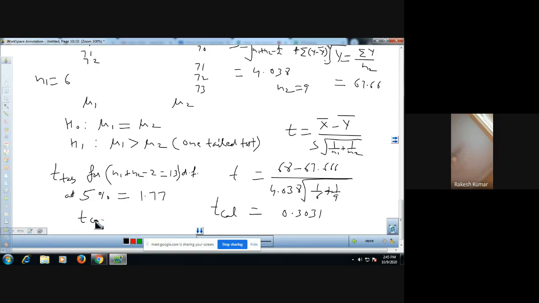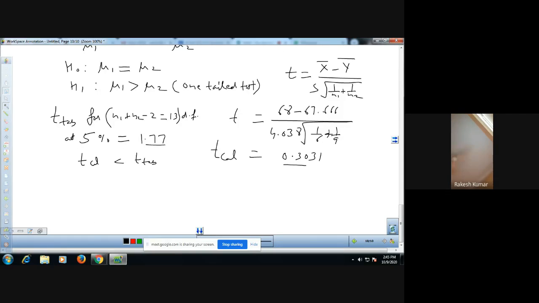Now, the T calculated value is clearly less than the T table value. If the calculated value is less than the table value, then the null hypothesis will always be accepted. And the null hypothesis being accepted means there is no significant difference between the heights of the sailors and soldiers. It means their average height is the same.